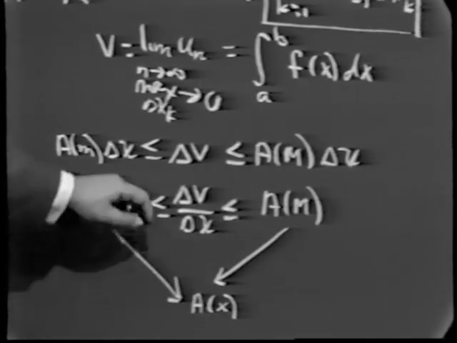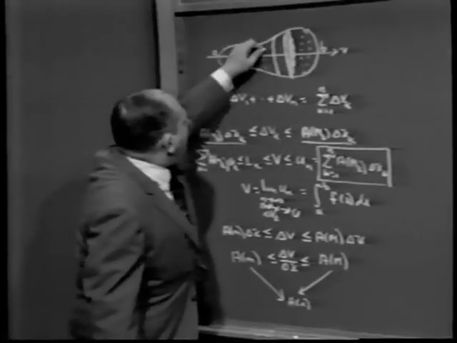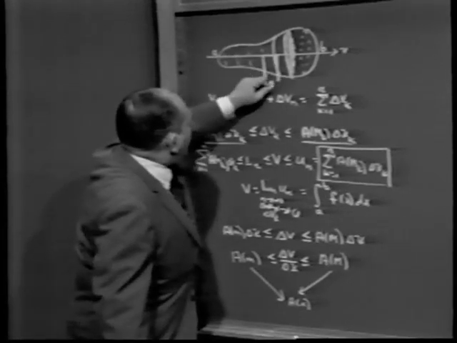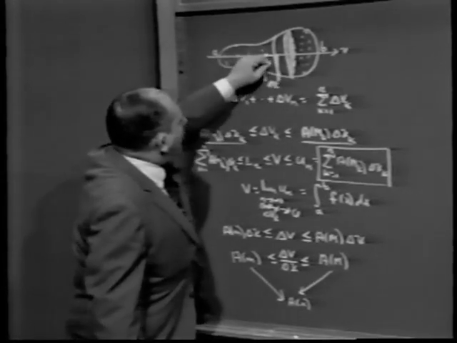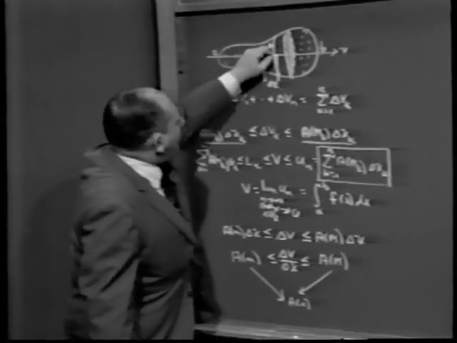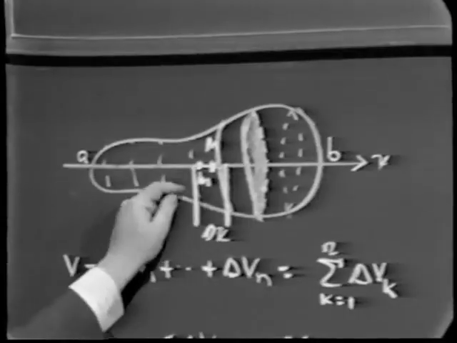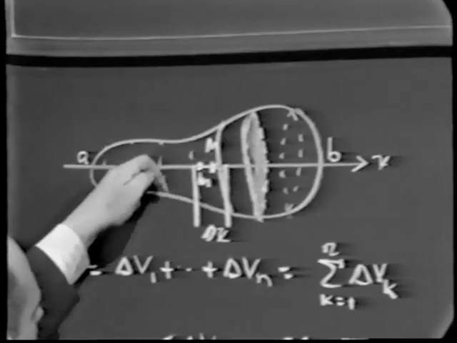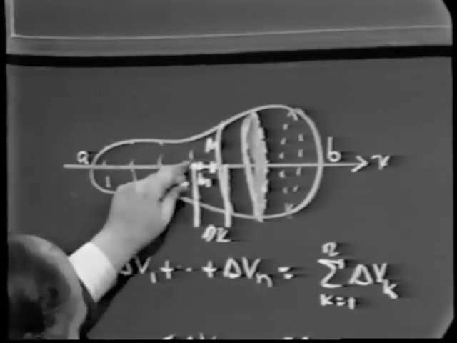You see what we're saying, going back to this diagram, is, for example, here is a delta x. And little m and capital M are points in here. And as delta x goes to 0, m and capital M both approach the endpoint x.